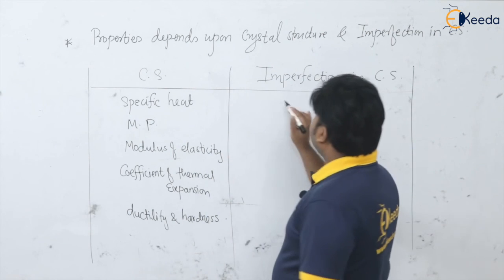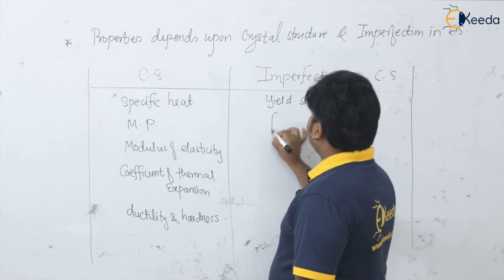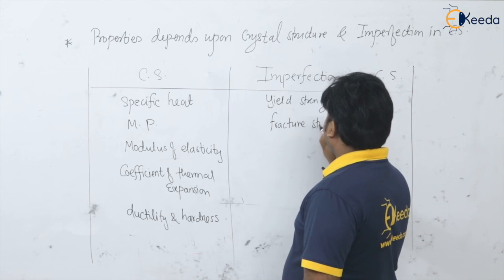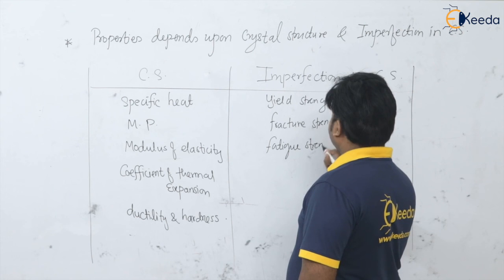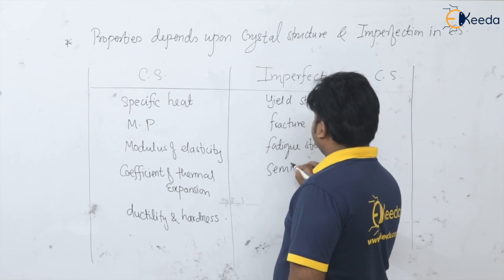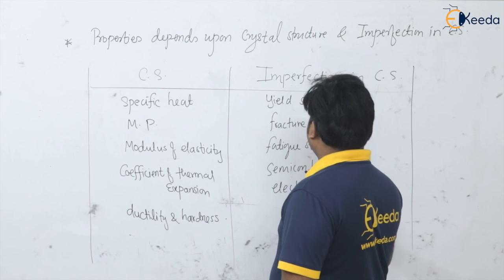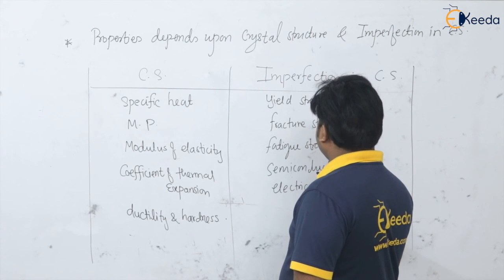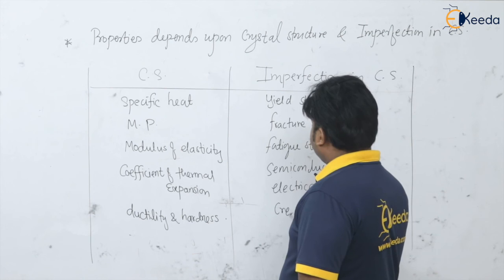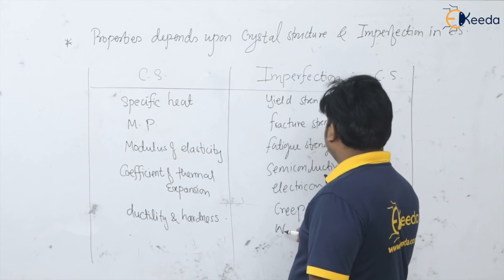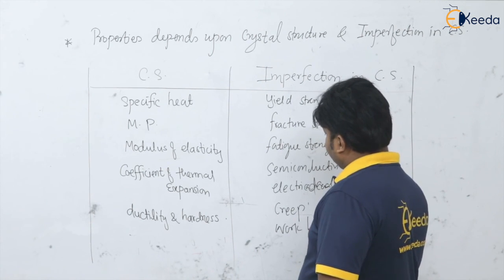Whereas the properties that depend upon imperfections in the crystal structure are yield strength, fracture strength, then fatigue strength, semiconductivity, then electrical conductivity, then creep, and work hardening or strain hardening.